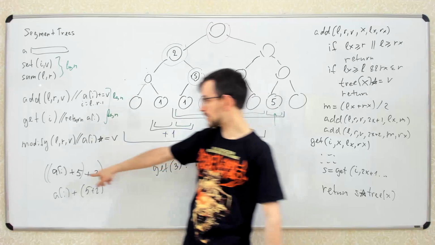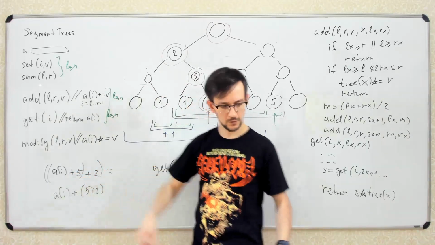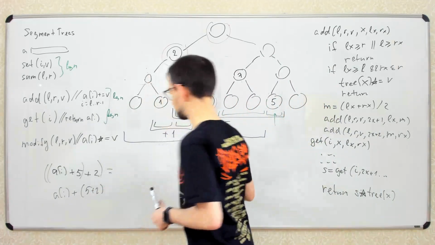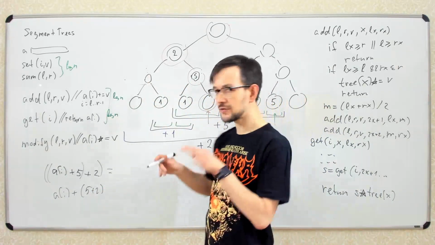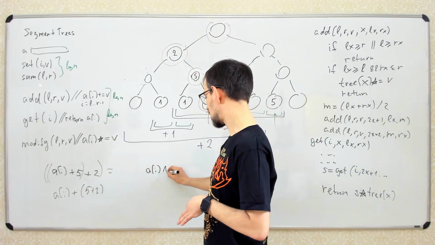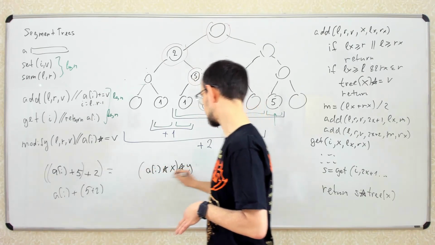Because if you have some element, you apply one operation, then apply a second operation. Let me rewrite it like this. So I want the following property. If I have some element, I apply operation x and then apply operation y.